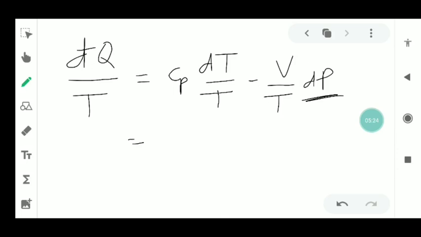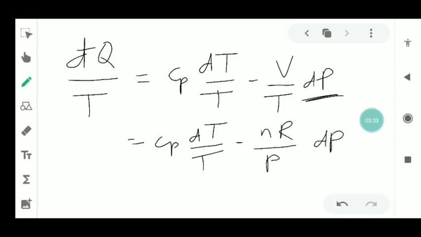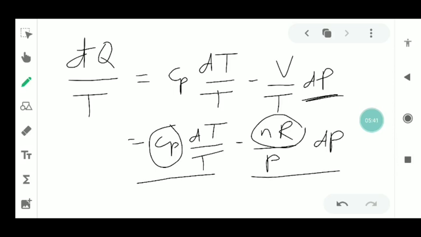So we will get Cp dt by T minus nR by P into dp. Now here Cp is constant, nR is constant. So this is only variable with T, this is only variable with P.